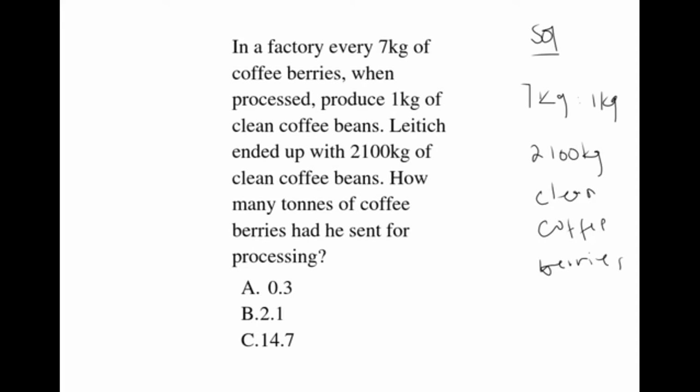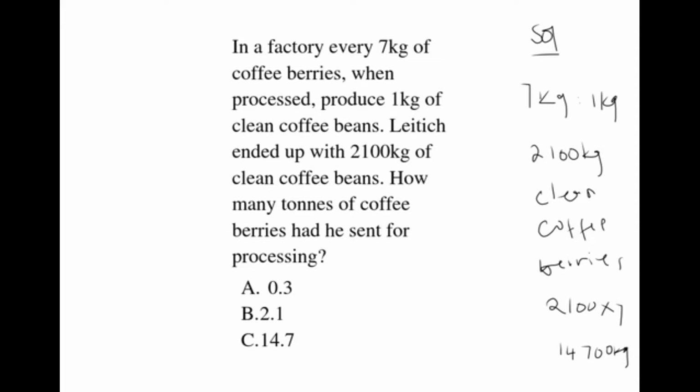We take these 2,100 kg of clean coffee beans, multiply by 7, because we are told that every 7 kg of coffee berries, when processed, produce 1 kg of clean coffee beans. Therefore, multiplying by 7, we get 14,700 kilograms of coffee berries.